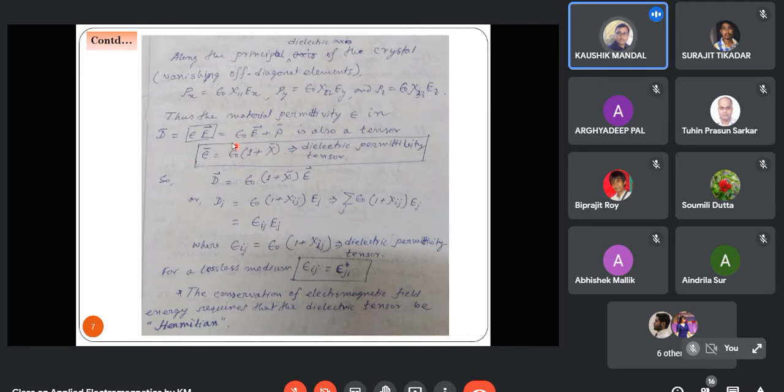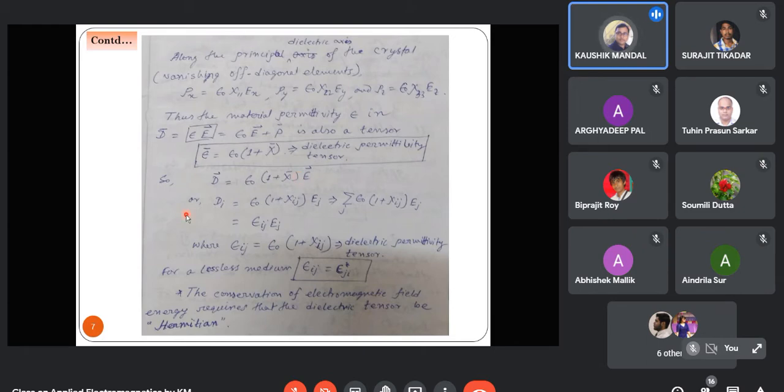That particular dielectric constant, now that means in this equation we have represented the dielectric permittivity in terms of tensor, so it becomes the dielectric permittivity tensor. Again, it has been written in this particular form: D equal to epsilon 0 (1 plus xi) E, where epsilon 0 (1 plus xi) is the dielectric permittivity tensor.